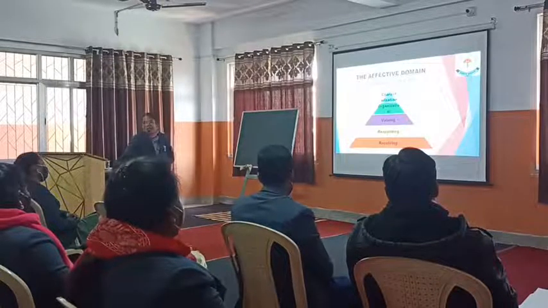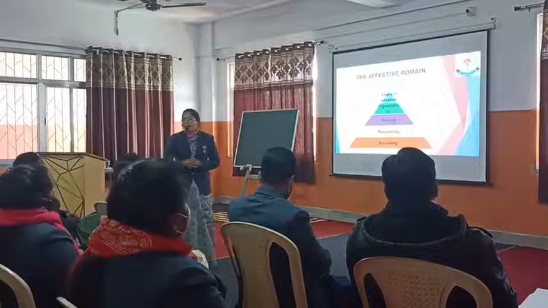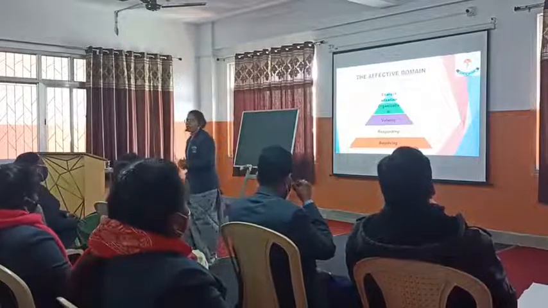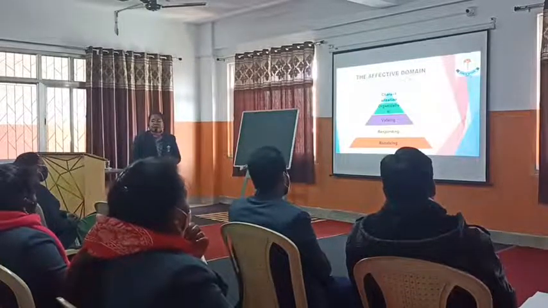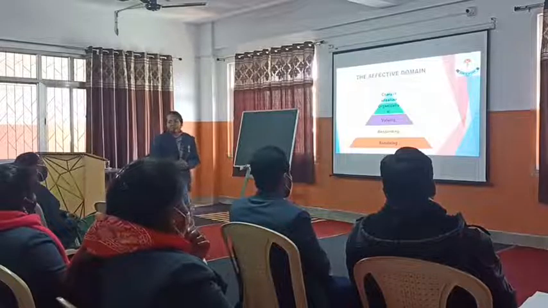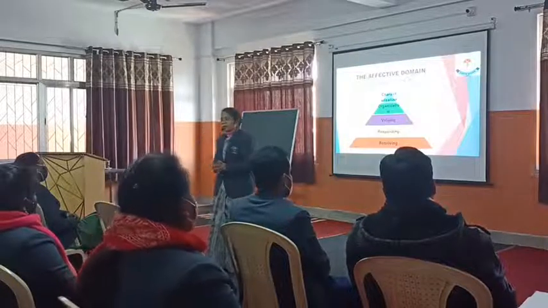Affective domain. As we know, the affective domain tells us how we have to deal with our emotions, feelings and attitude. So this domain is not only given by Bloom, but his colleague also helped him.